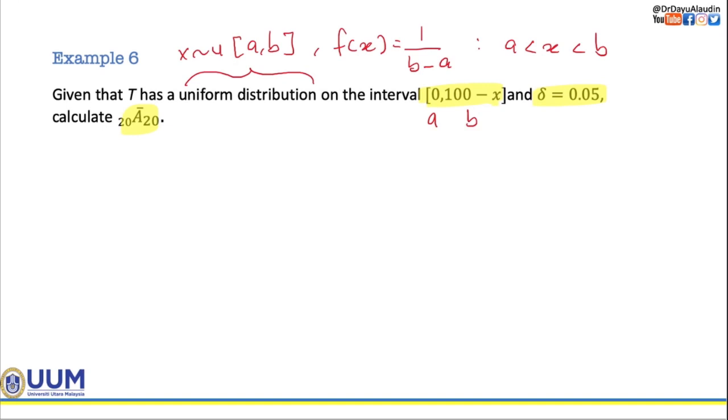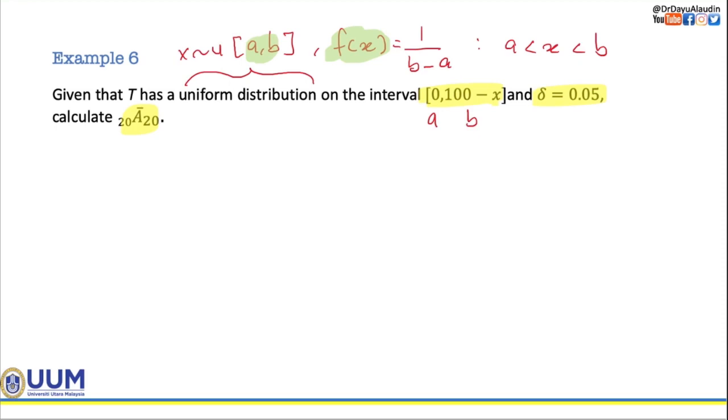Uniform distribution actually is De Moivre's law. De Moivre's law comes from the uniform distribution. For uniform distribution, we have two parameters, A and B. This is how we write down the PDF, 1 over B minus A, where A and B are the interval.